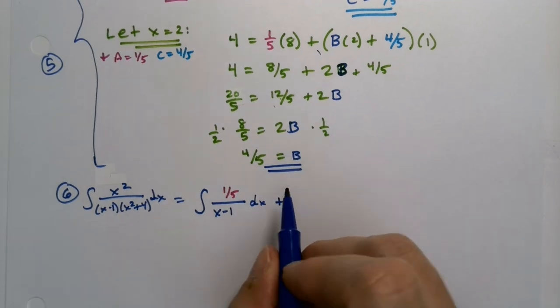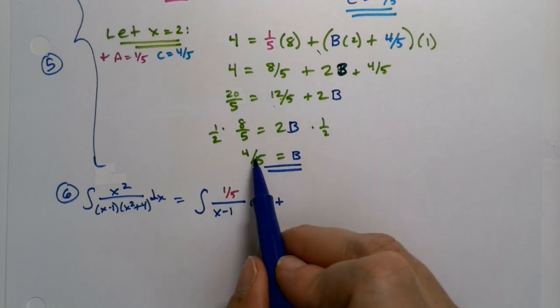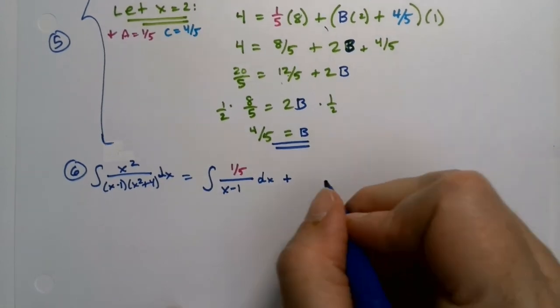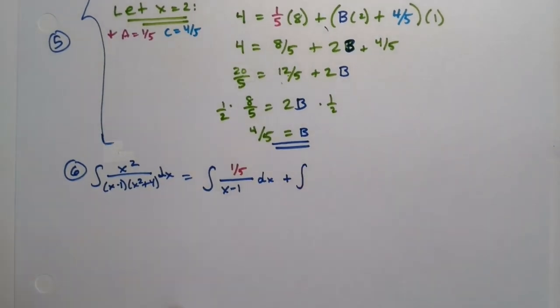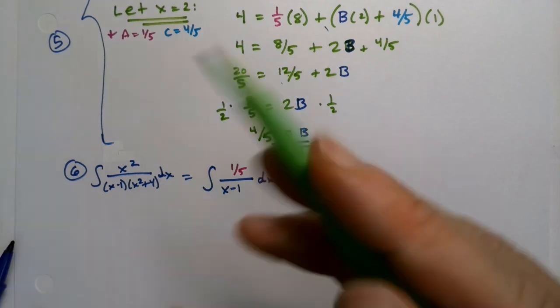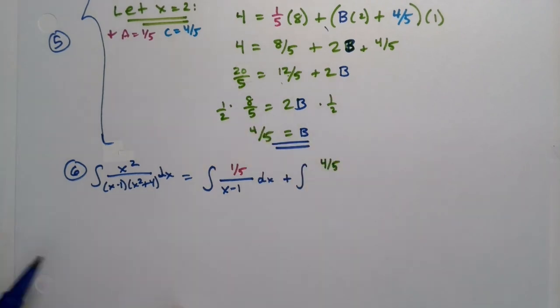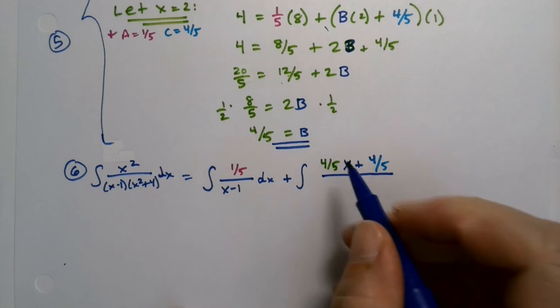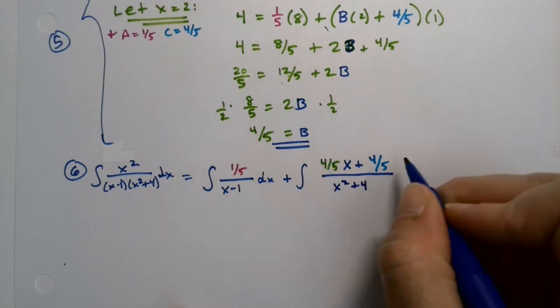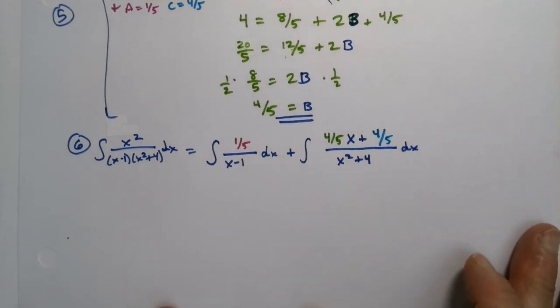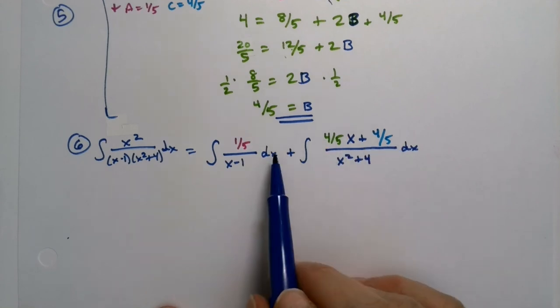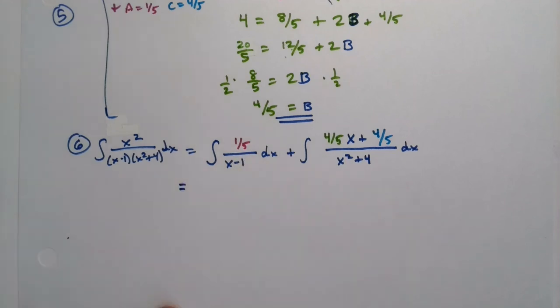And then plus the integral of 4/5 x plus 4/5. So 4/5, right? There's B, there's C, all over x squared plus 4 dx. Now, let's break this up, and let's also bring the constant terms out in front, because that just makes sense.